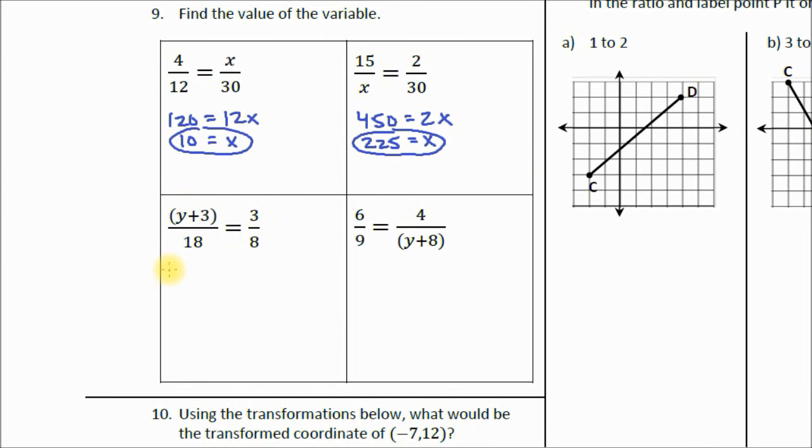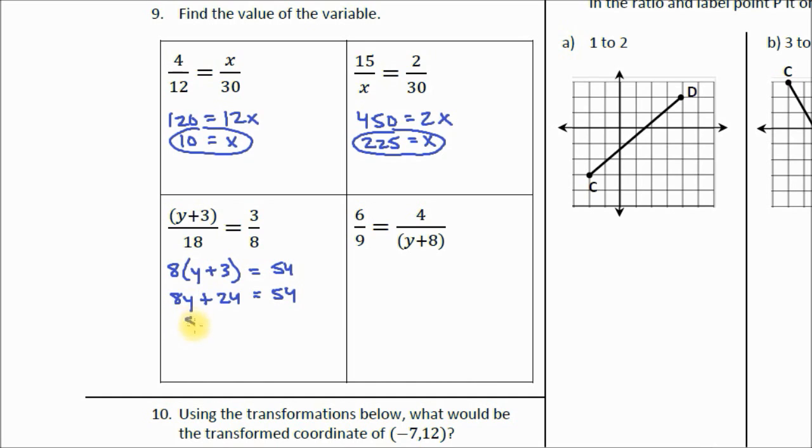8 is going to be multiplied by y plus 3. 18 times 3 is 54. Let's distribute. 8 times y is 8y. 8 times 3 is positive 24 equals 54. Algebra 1.